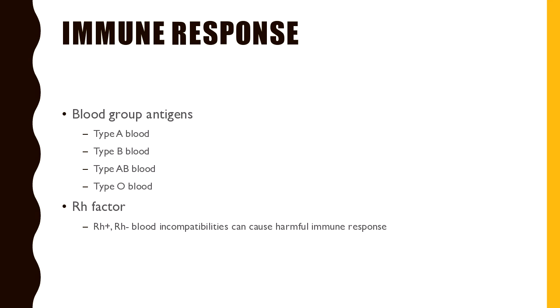Type A has an anti-B antibody. Type B blood has an anti-A antibody. Type AB blood has neither antibody, and type O blood has both A and B antibodies, but no antigens. So who's the universal donor here?